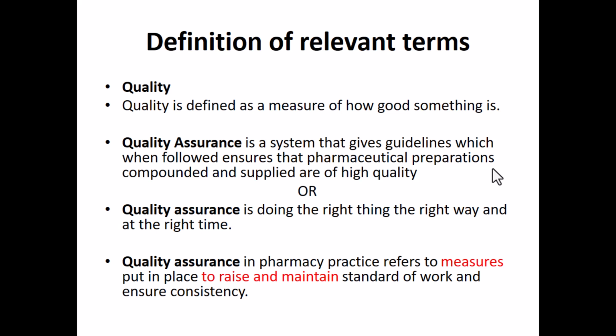So quality assurance, what is it? Quality assurance is a system that gives guidelines which, when followed, ensure that the pharmaceutical preparations compounded and supplied are of quality. So it is a system. In other words, it is like an organization, or a department in a facility, in a manufacturing unit, or in any other place, that gives guidelines.